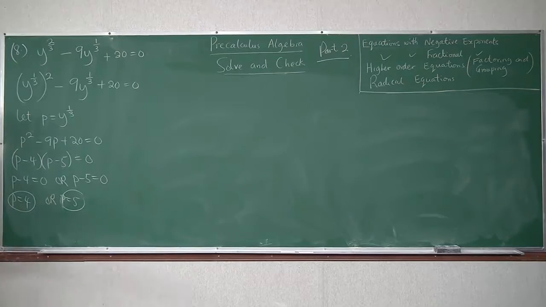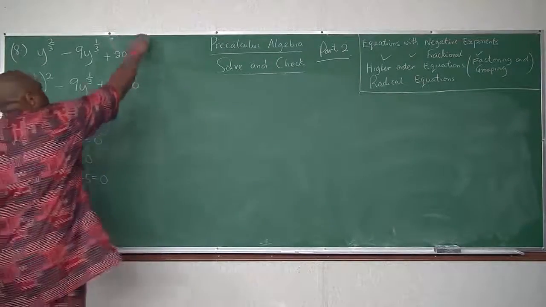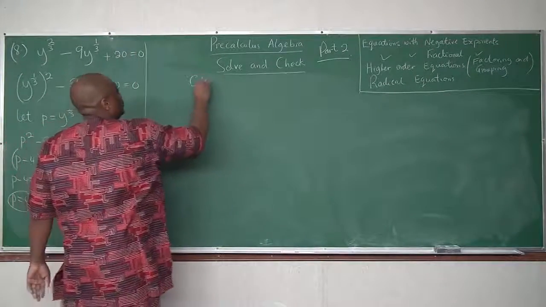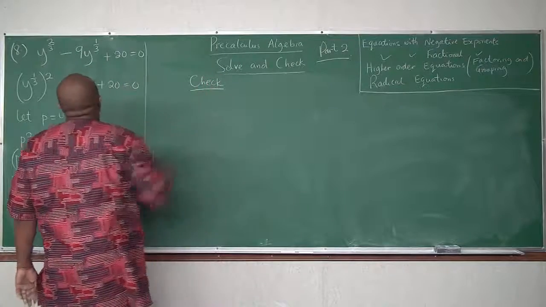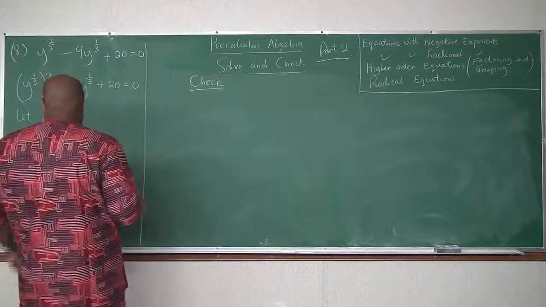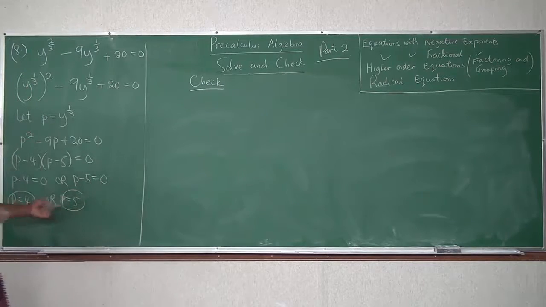Now, do we stop here? No. We have to check our work. Before we check, this is in p. I mentioned in part 1 that you always need to check with the original equation.